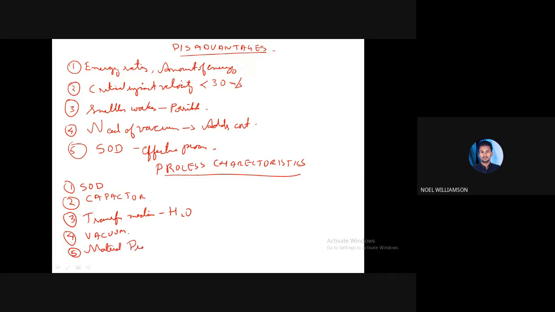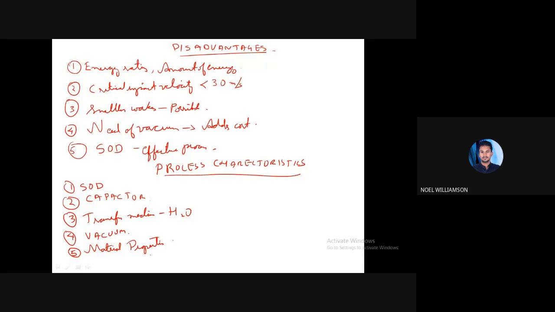So these are the process characteristics of electro-hydraulic forming or electro spark forming: standoff distance, the capacitor, transfer medium, vacuum, and material properties.